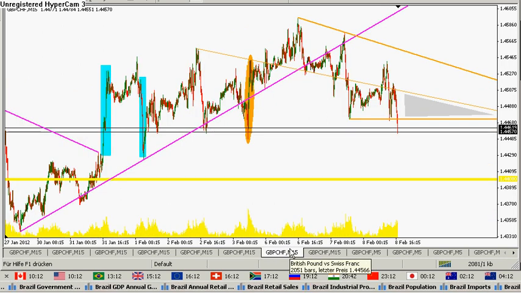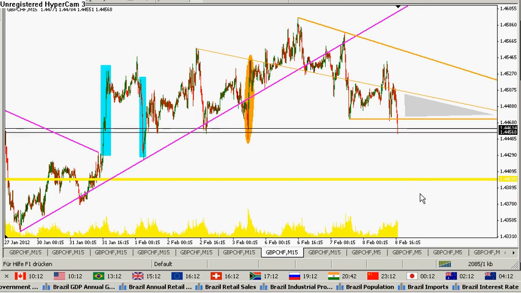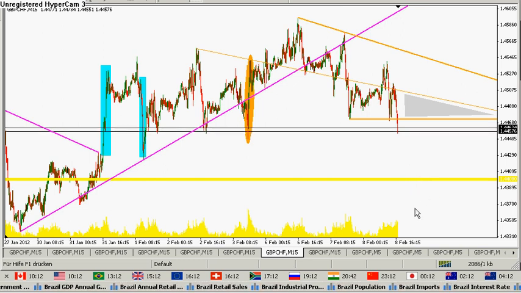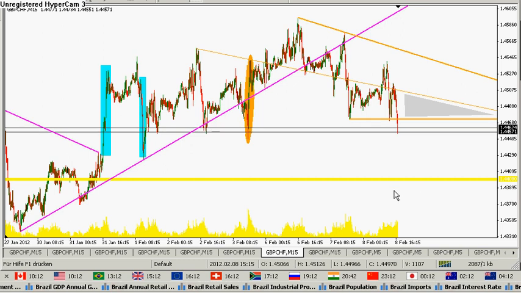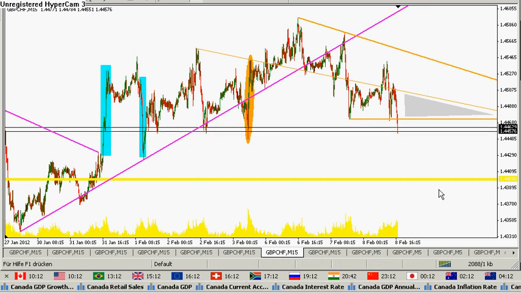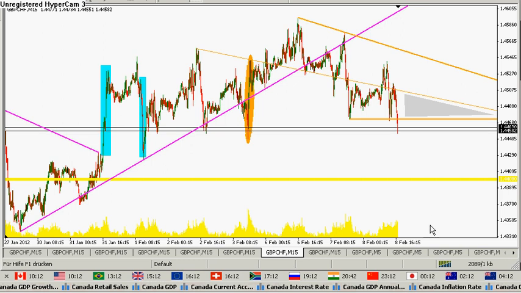Okay guys, that's all for today. And if we should fall down here to around 144, I would take this as a buy too. Prices under 144 are for me the end of this cross rate, even in the next 48 hours.